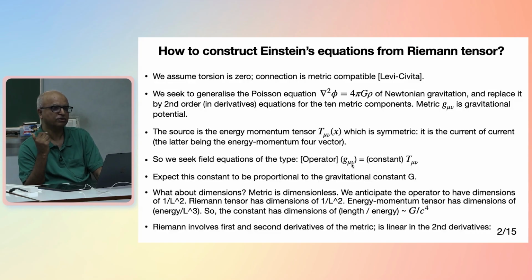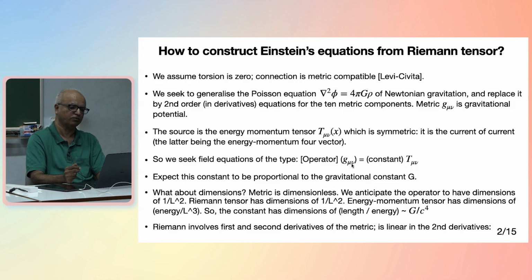Potential has dimensions of c squared, the square of the speed of light. Phi by c squared should be much less than 1. When phi by c squared is much less than 1, g mu nu should reduce to phi. The 10 components should reduce to just 1 component. The energy momentum tensor should just reduce to the mass density. That is a demand on whatever final Einstein equations we are looking for.